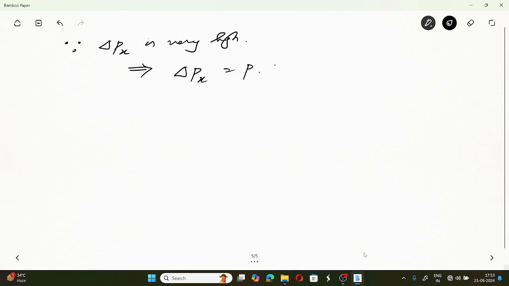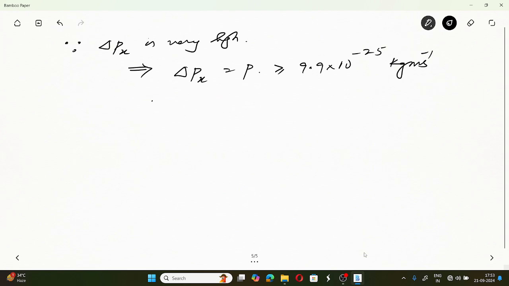So this is greater than or equal to, যে ভ্যালুটা বেরিয়েছে 9.9 10 to the power minus 25 kg meters second inverse. So we can write this is the value of the momentum.